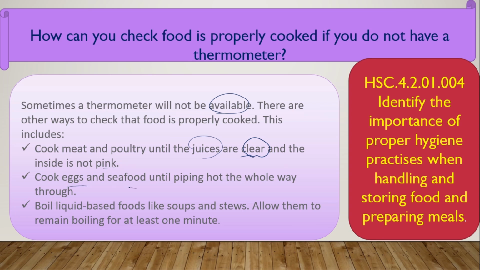Cook eggs and seafood until piping hot the whole way through. Boil liquid-based food like soup and stews, and allow them to remain boiling for at least 1 minute. The criteria for this question identify the importance of proper hygiene practice when handling and storing food and preparing meals.